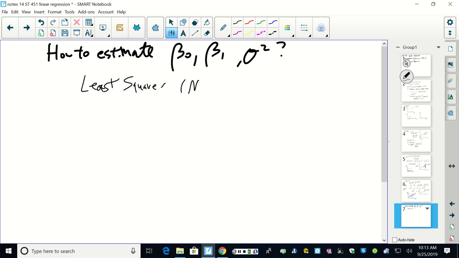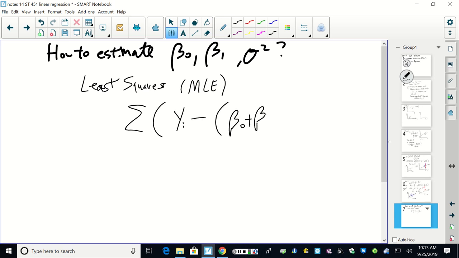It's also maximum likelihood. For those of you who are taking the 252 or like that, it's the same estimates that we would get in maximum likelihood estimation. But we're going to look at the difference between yi and its place on the line.